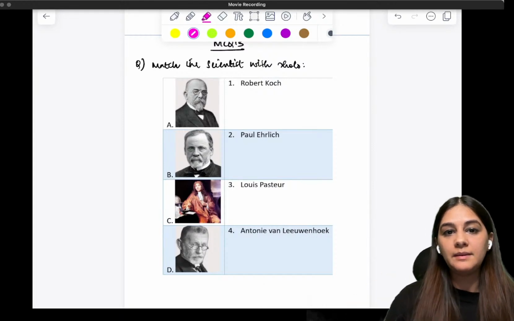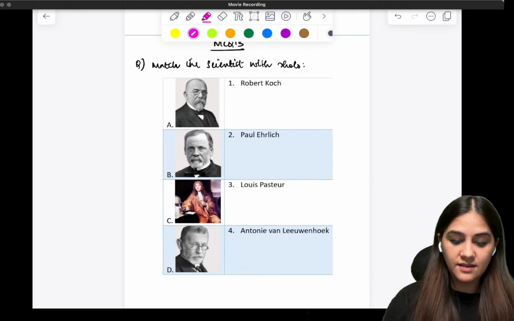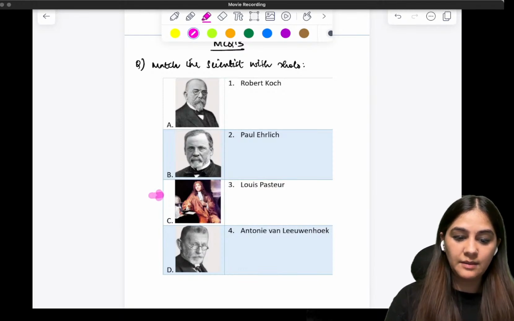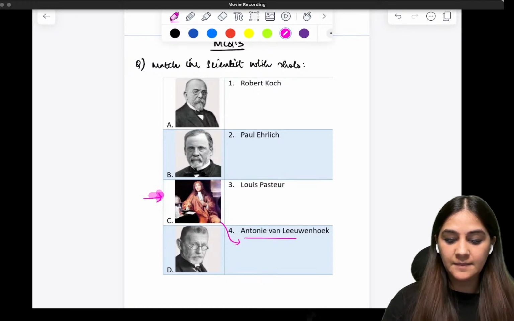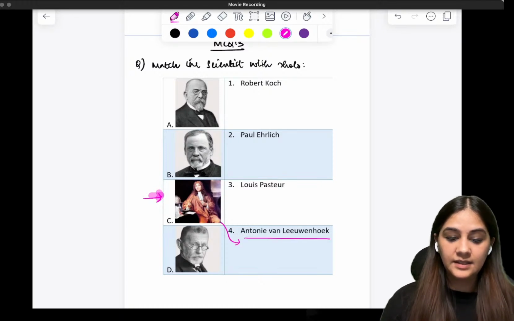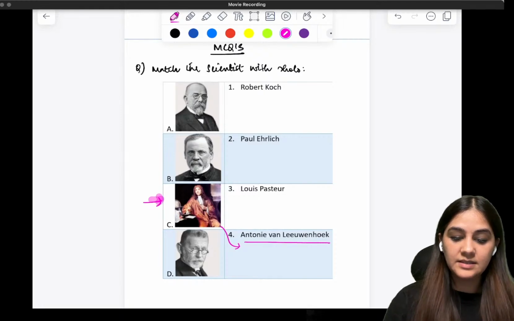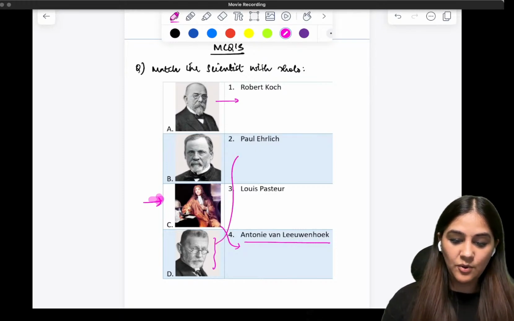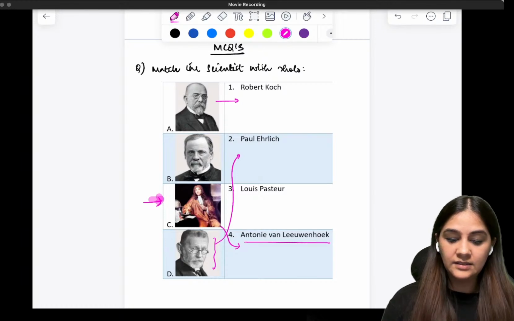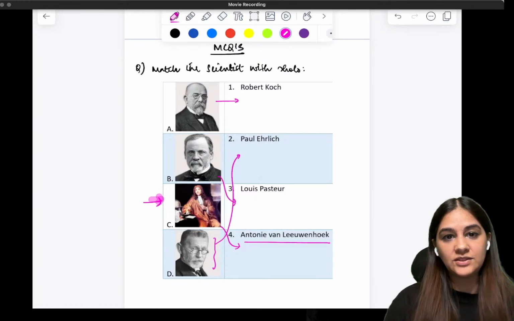Yes. So how did we remember it? Long hair, right? We remembered it as long hair, long name, right? Then we remember this as Robert Koch, right? The one that has a side look is Sir Paul Ehrlich, and this is Louis Pasteur.